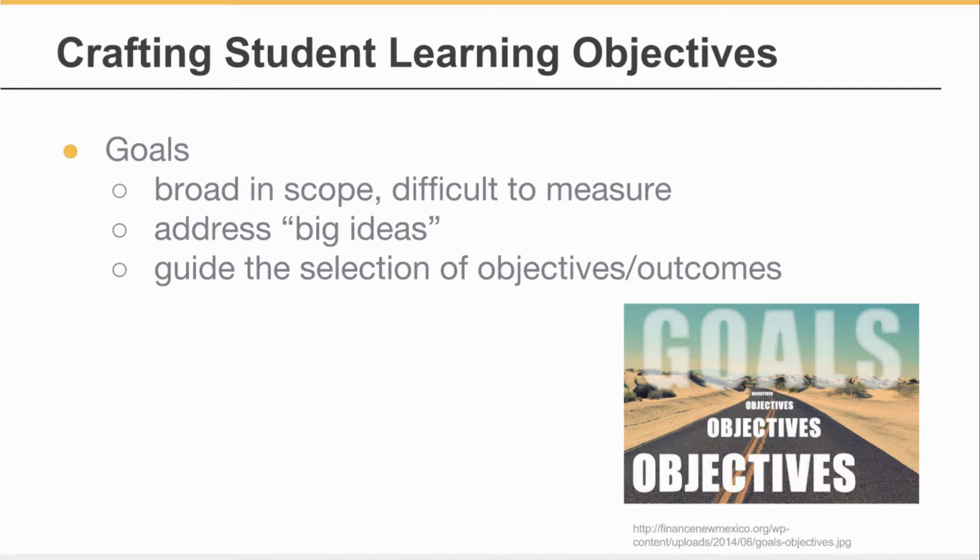They are broad in scope, which makes them more difficult to measure, and they are more often concerning the big ideas or concepts behind a course. Goals are important because they guide the selection of specific objectives or outcomes for instruction.